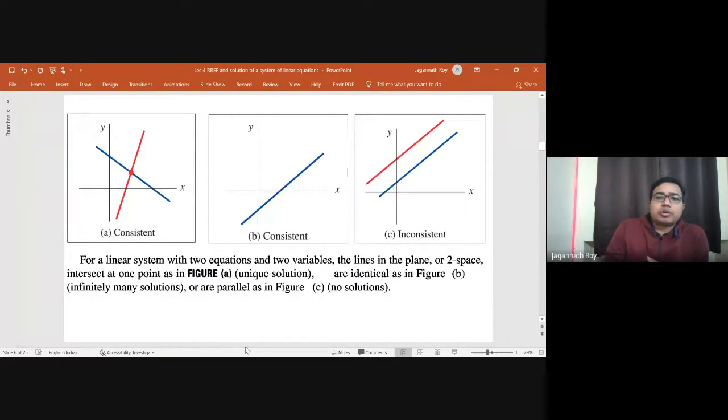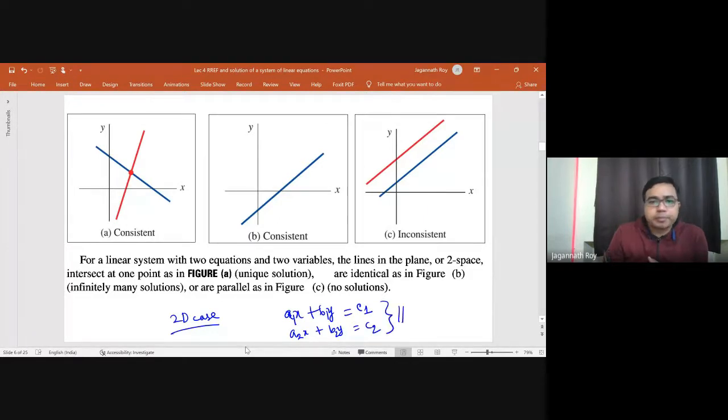Now, as you know, when we have a system of linear equations, for example in the two-dimensional case, a1x plus b1y equals c1, a2x plus b2y equals c2.